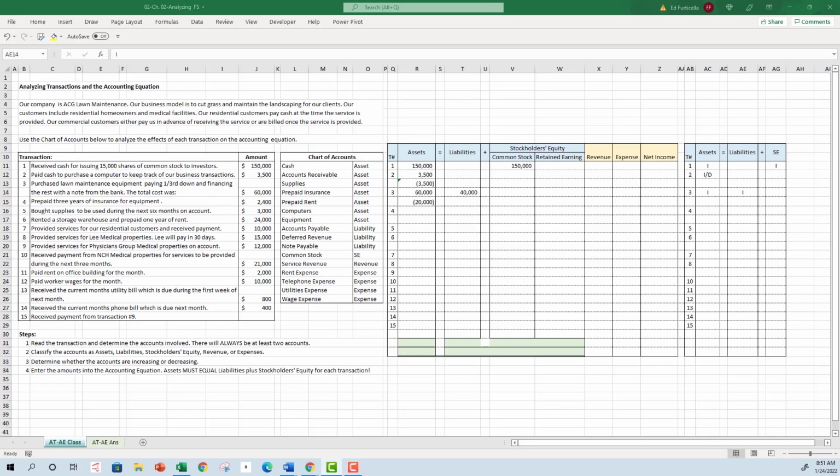Transactions 4, 5, and 6 represent what we will call prepaid expenses. A prepaid expense is an asset, so it will show up on the balance sheet. It results from a business making advance payments for goods or services to be received in the future.